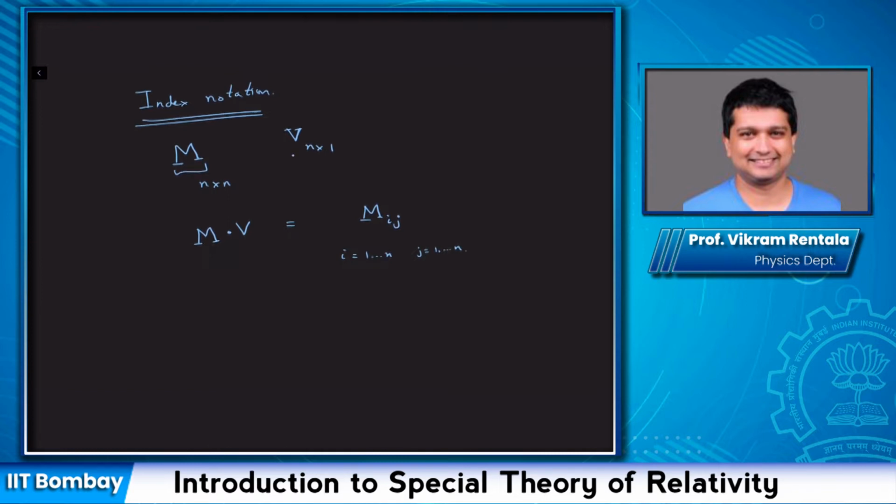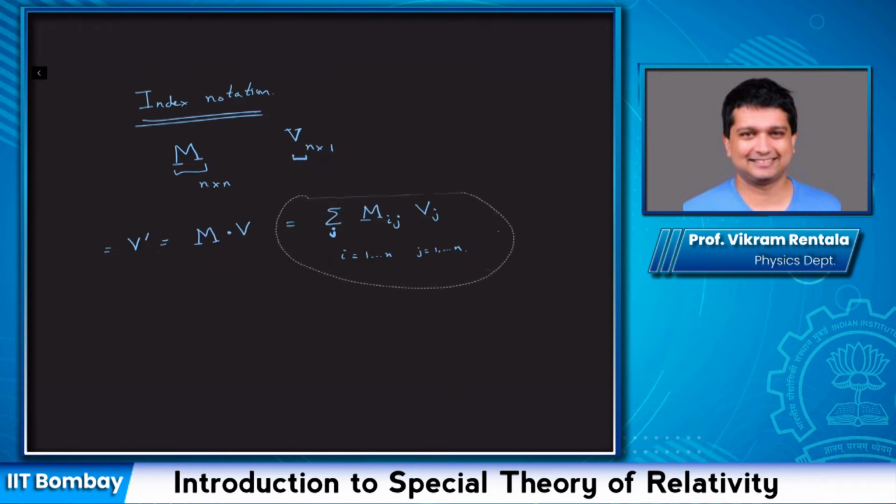And let me identify the elements of v by vj, where again j runs from 1 through n. Okay, and if we sum over j, then what we get is the matrix product of M with v. And this gives us v prime, or in index notation, this is strictly speaking the ith element of v prime.